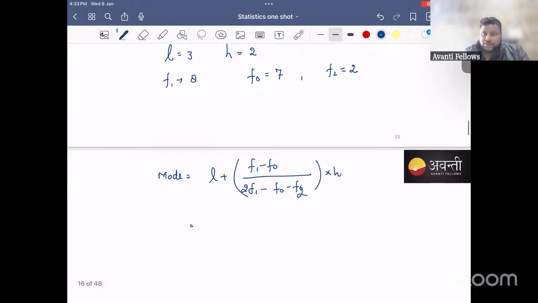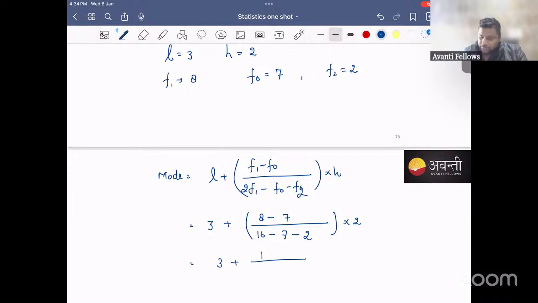So L is what? L is 3, lower limit of the modal class. F1 is 8, F0 is 7, upon 2F1, 16, minus F0, 7, minus F2, 2, into H, which is 2. So it is 3 plus 1 upon 7 into 9. 16 minus 9 is 7, into 2.